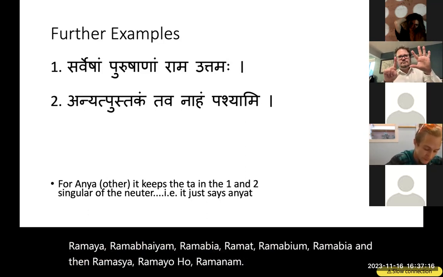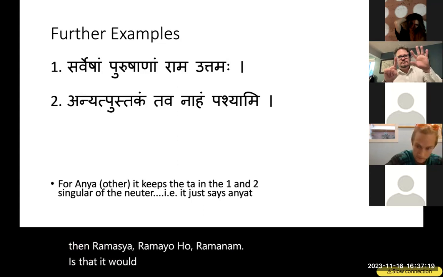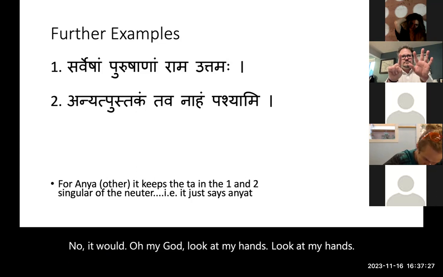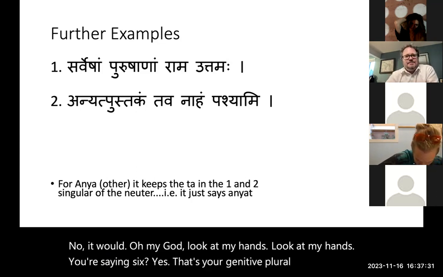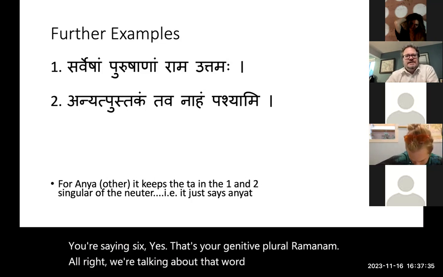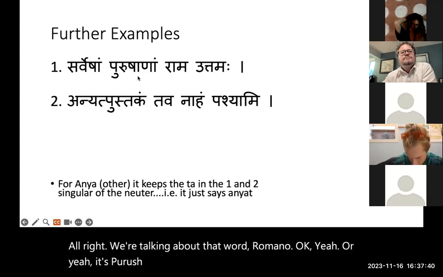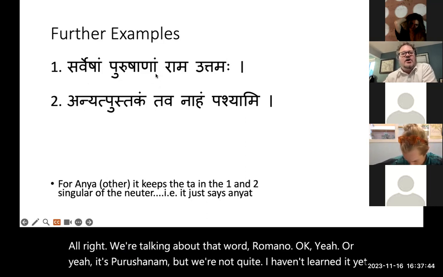Then it would be 1. No, it would be, oh my god, look at my hands. You're saying 6. Yes, that's your genitive plural, Ramanam. Oh right, we're talking about that word Ramanam. But it's Purushanam. We haven't learned it yet. You've got it, you just didn't call it up that fast.